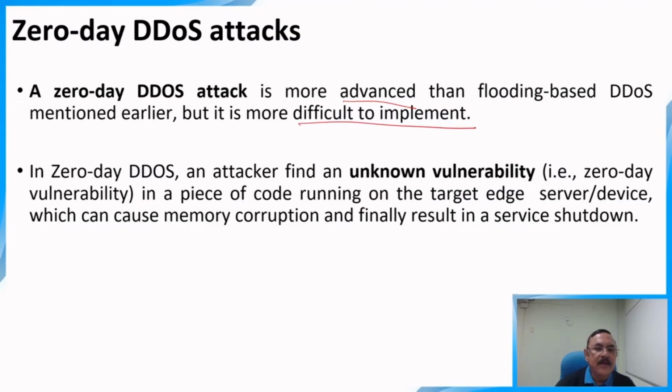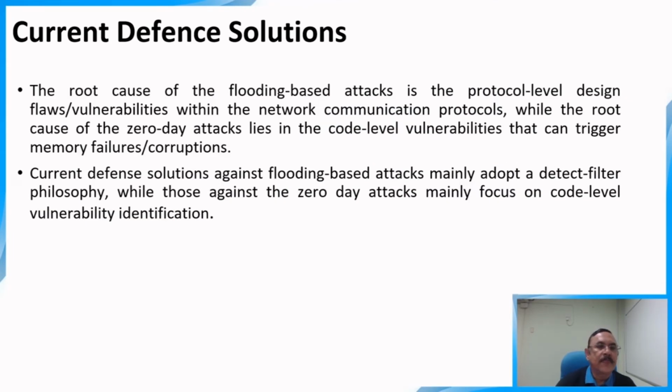Here an attacker finds an unknown vulnerability, a zero-day vulnerability, in a piece of code running on the target edge server or device, which can cause memory corruption and finally result in the service shutdown.